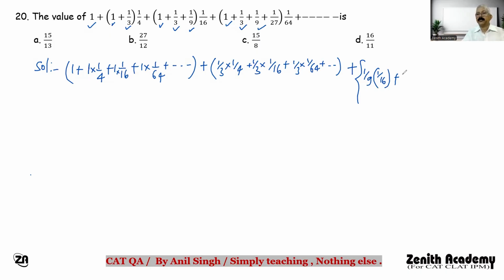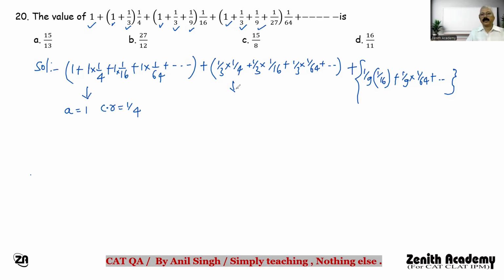This 1 by 9 into 1 by 64. Right? Similarly, you can understand the pattern, how this series is expanded. So here you can say for this bracket, A is 1 and the common ratio is 1 by 2.